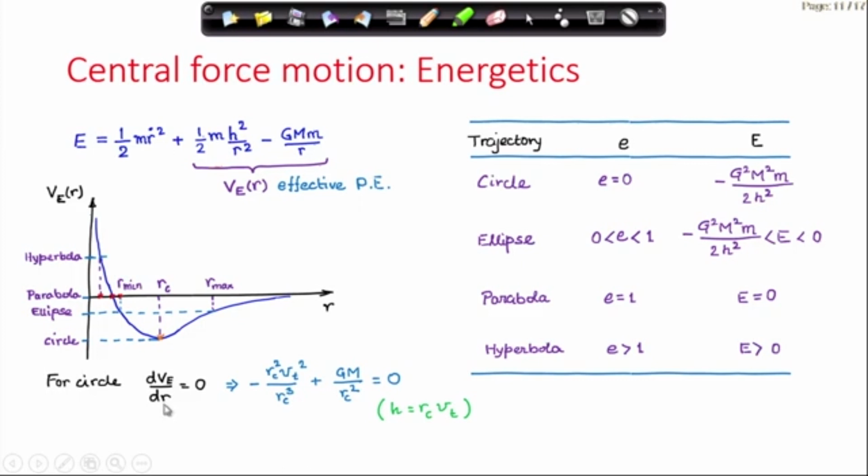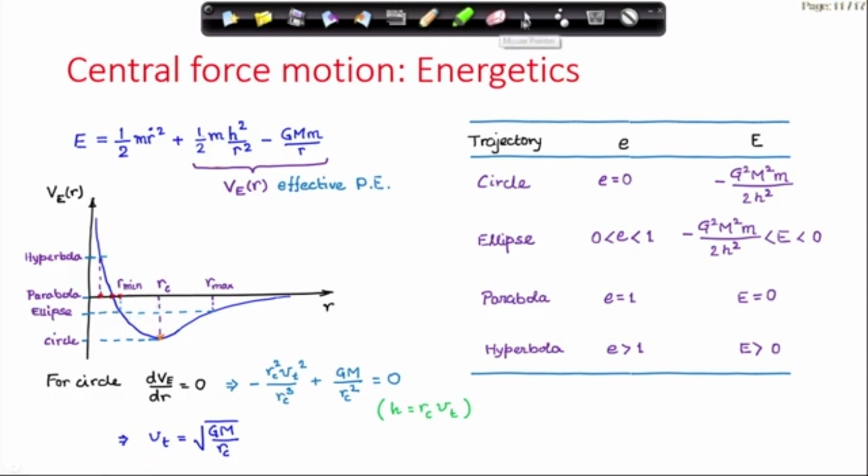So, d dr of V E is 0, and from here you can find the radius of the circular path. If you simplify, you will also get the relation between the tangential velocity, the orbital speed, and the radius.